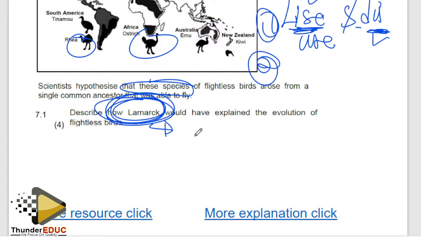They passed this character, not allele, because this one doesn't talk about alleles. They passed this character of not being able to fly to the next generation, then leading to these birds which are not able to fly. So that's how you're supposed to explain this. In this case, they are bringing about disuse.